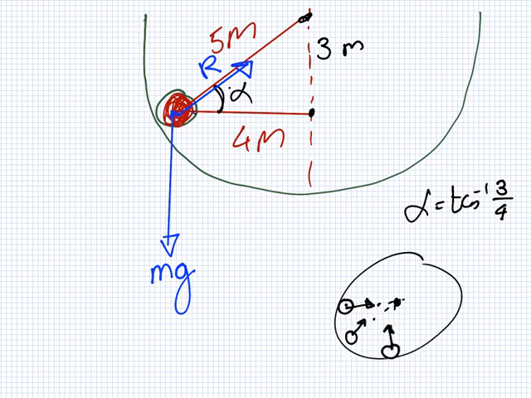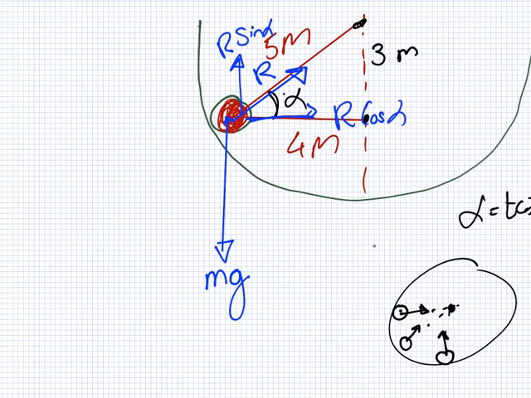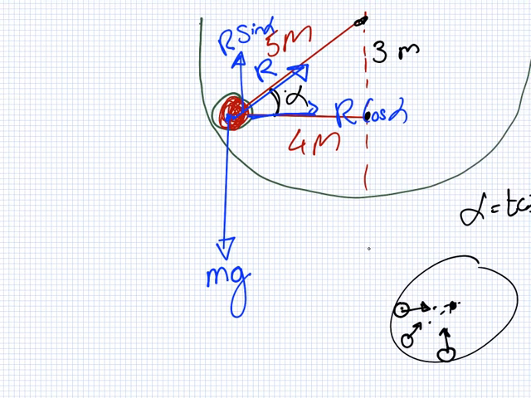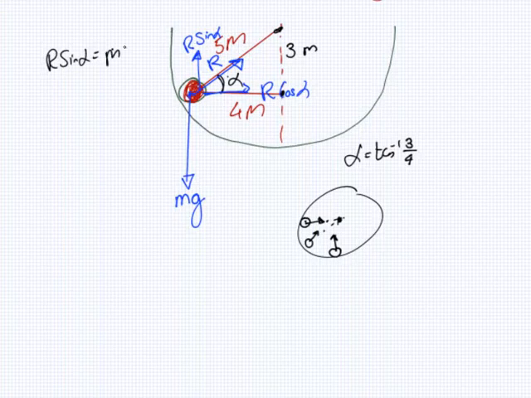So, do we know this and do we know this? Yes, this will be R cos alpha and this one here will be R sine alpha. Hey, this question looks familiar. It looks like the question we did with the plane a moment ago. We can say R sine alpha equals mg.